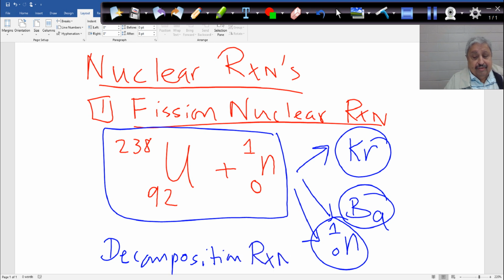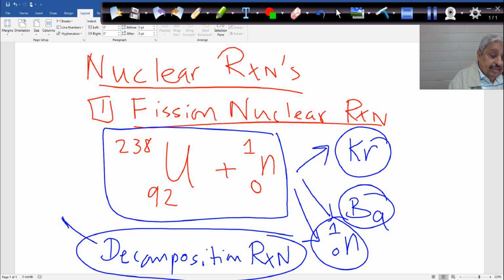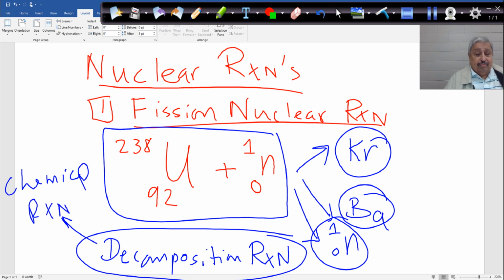And today we'll have the opportunity to look at those types of chemical reactions. A decomposition reaction is a chemical reaction in the sense you have one compound and you break it into small other compounds.